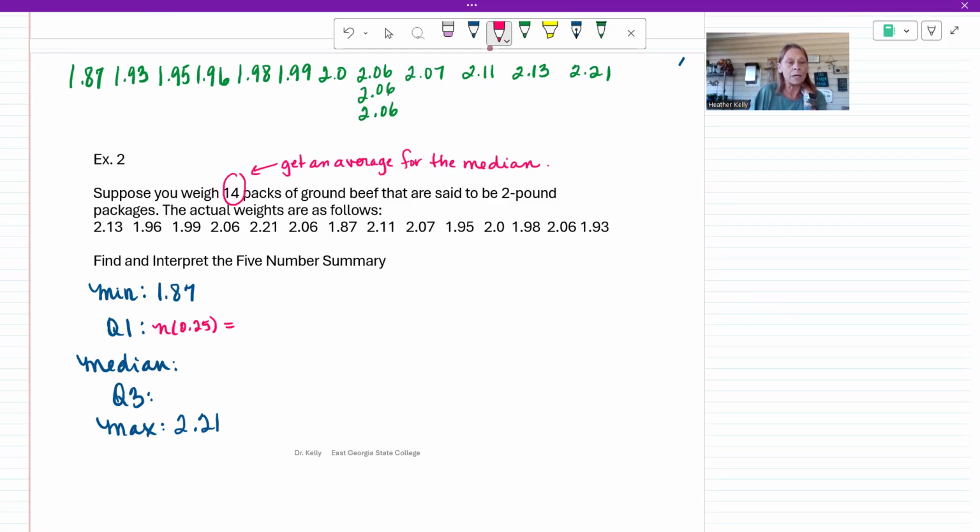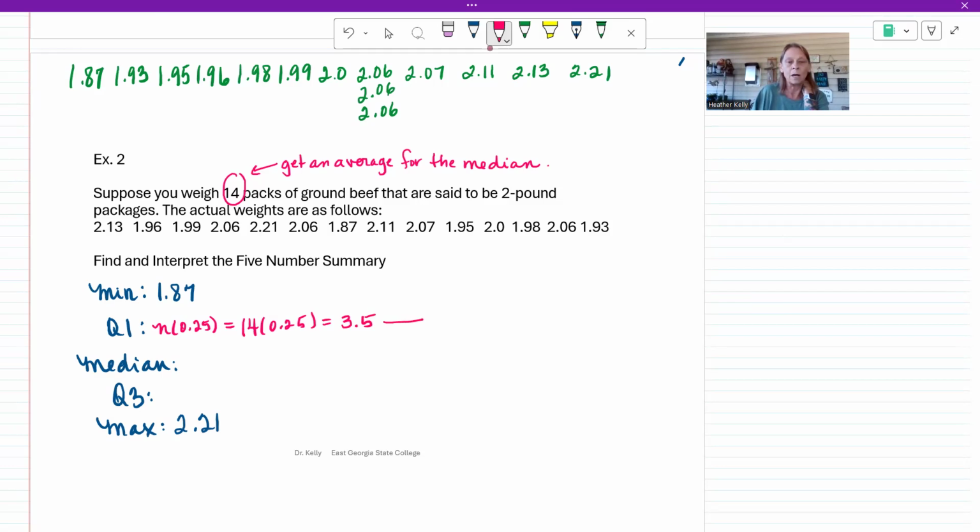Okay, so you got to get an average for the median, right? Okay, so let's get back here. If n is equal to 14, then we have 14 times a quarter. And that gives us 3.5. Am I looking at the right one? Yep, 3.5. Cool.